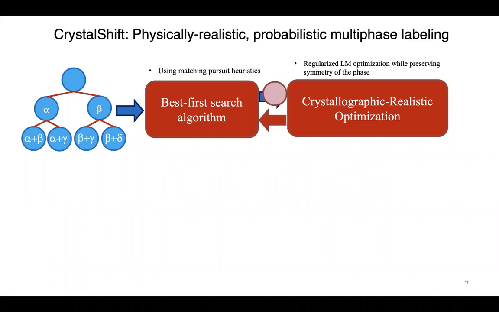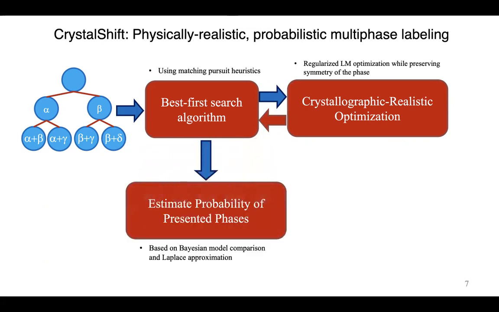Afterwards, we'll pass the result back to the best-first search algorithm to further select the phase combination to be optimized. So this is a back and forth process. Once we think the tree is explored sufficiently, we'll use those results to estimate the probability of the presented phases, based on Bayesian model comparison and Laplace approximation.